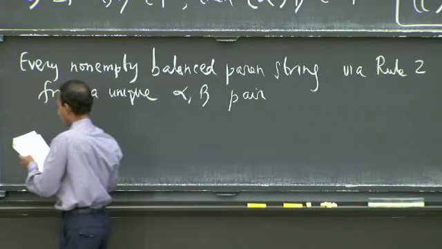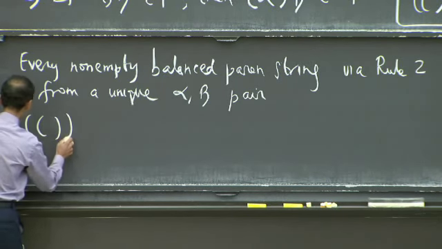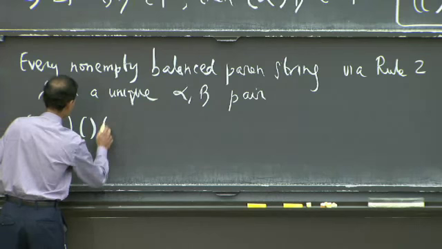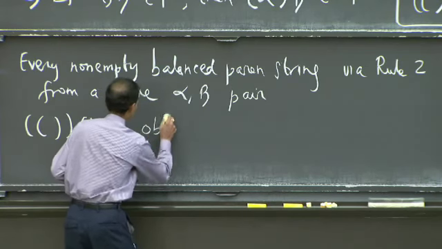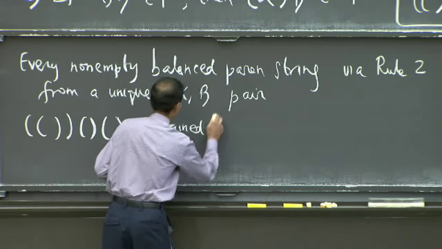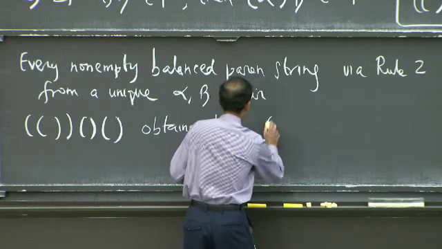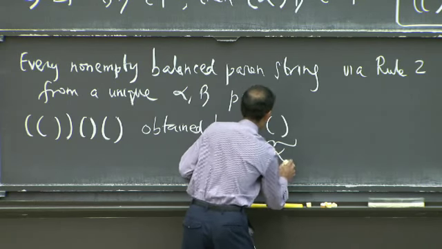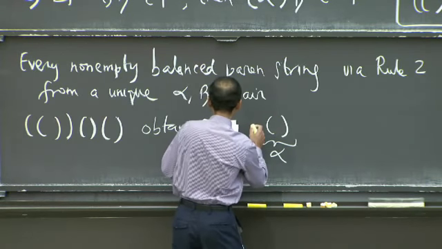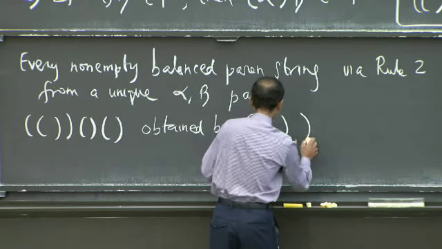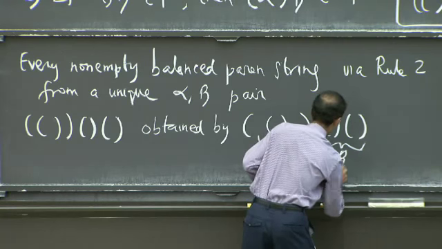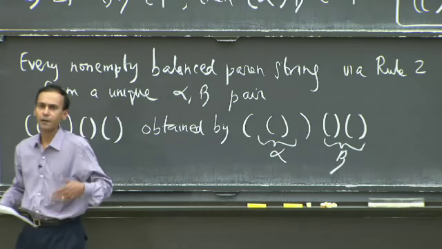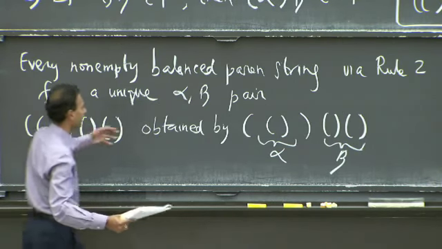So as an example, suppose you want to generate the string that looks like this. That's a little more complicated than the strings we've looked at so far. Then you obtain that by having alpha be this simple string, and then you put the brackets around that, and then your beta corresponds to this. Right? So now alpha and beta were previously generated.